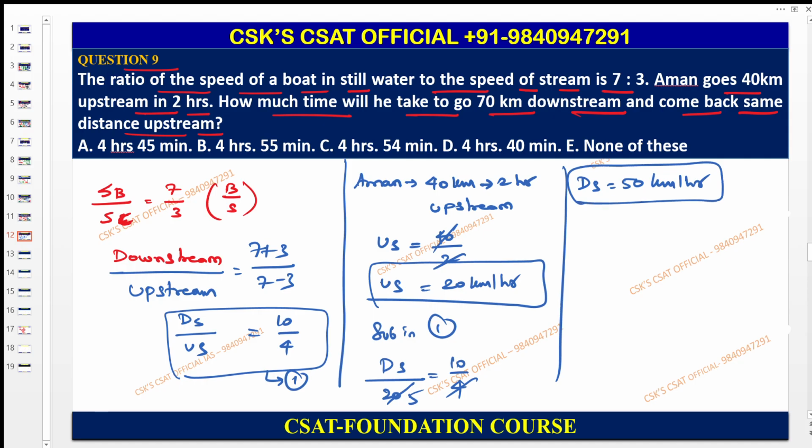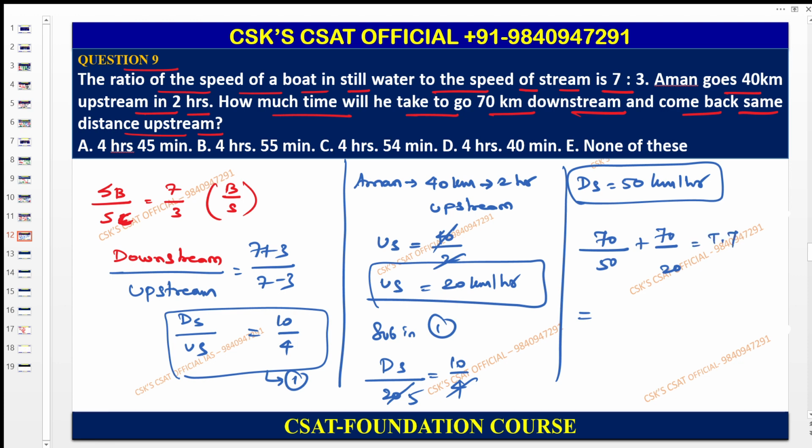You know what the downstream speed is? How can you find it out? Downstream is equal to B plus S, because they are providing you the ratio of the speed of the boat to the speed of the stream.